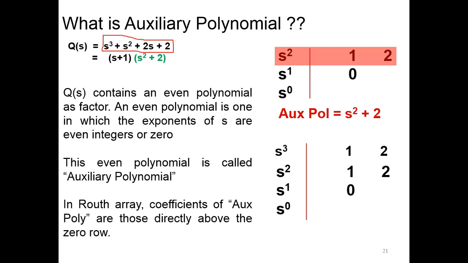Here no term of s is missing, but when we solve this, we get a row of 0. The row above the 0 row will make the auxiliary polynomial s square plus 2. That is the same as we have derived in this calculation. S square plus 2.